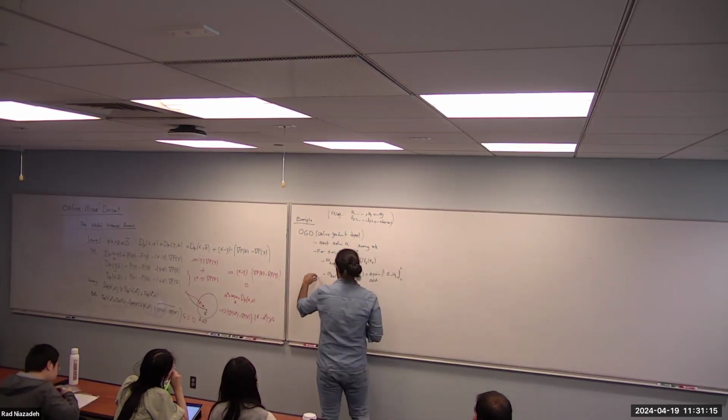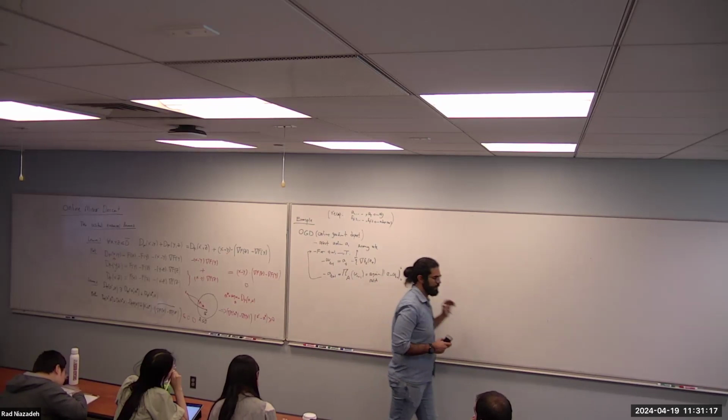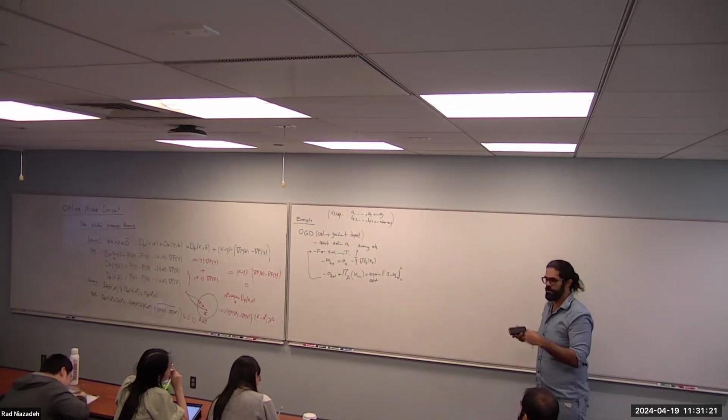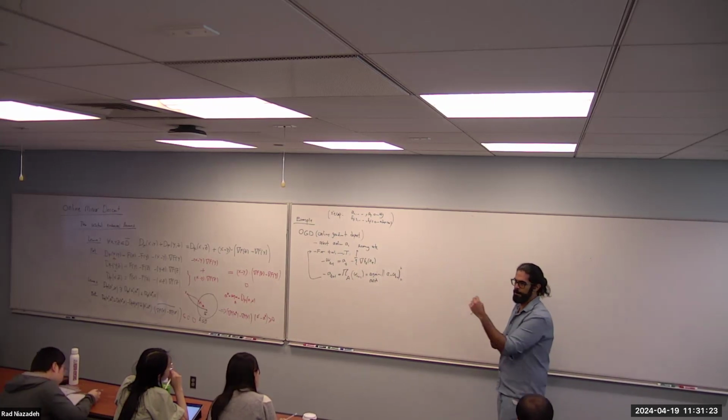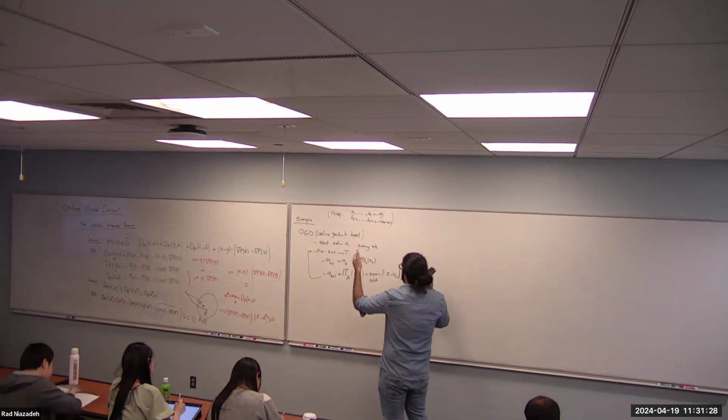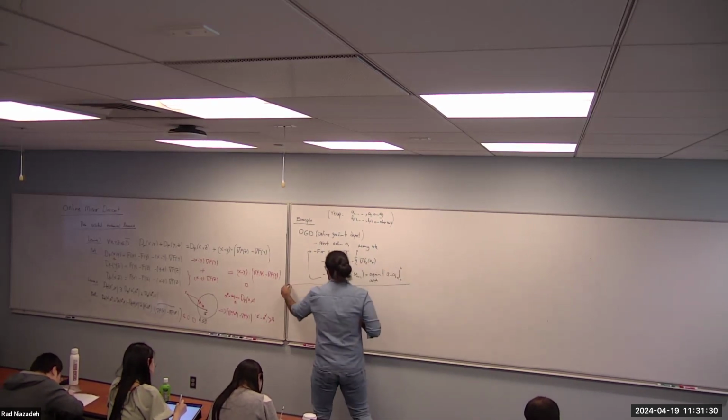So that's the first algorithm. It's called projected gradient descent, online projected gradient descent, online gradient descent, Zinkevich algorithm, they're all this. And then you can run it on an arbitrary action set.